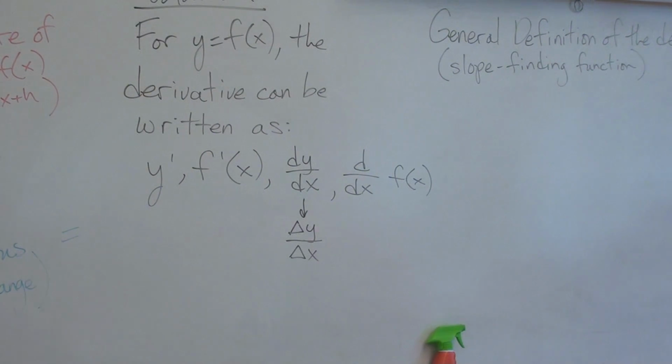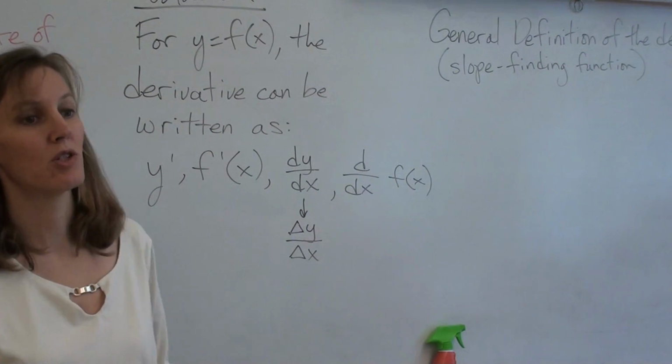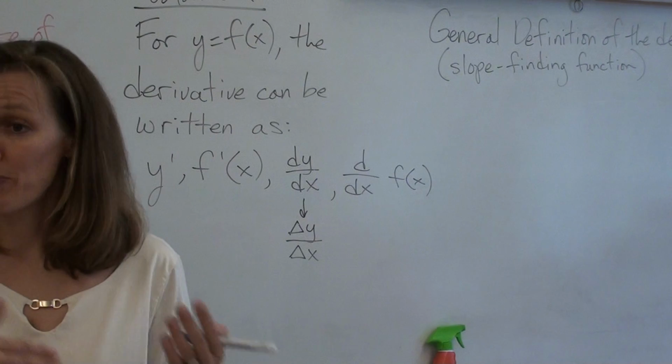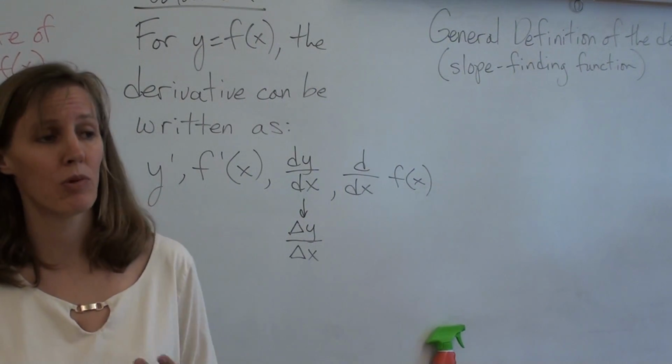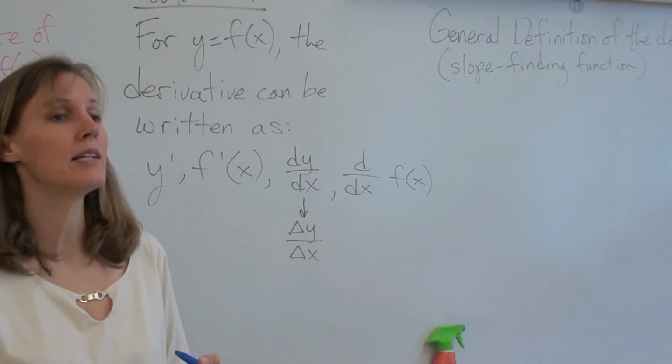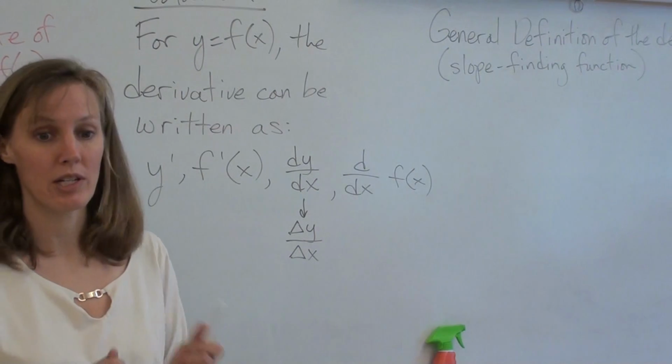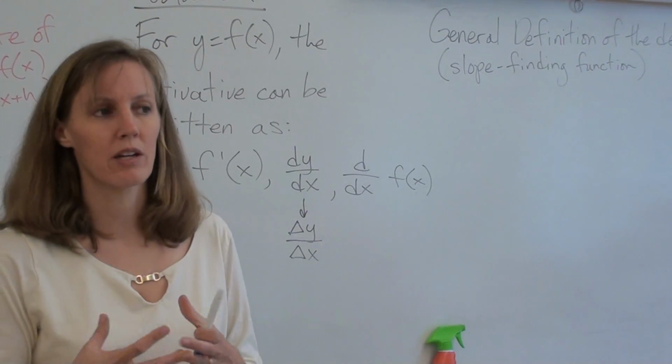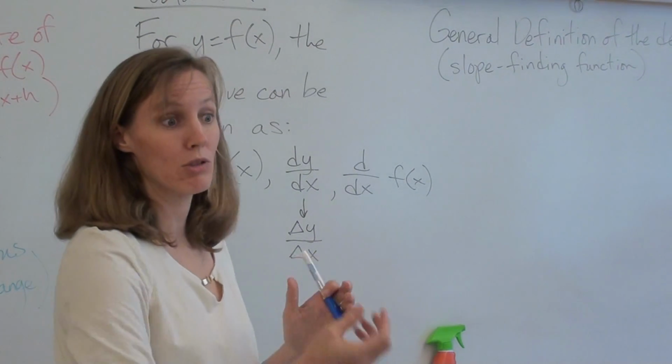Meaning that your input, whatever you're finding the derivative of, will be a function, and your output will also be a function. The derivative will also be a function, and what it does is it lets you find the slope at any point on that function. So it's like a function you can plug values into to get out slopes.